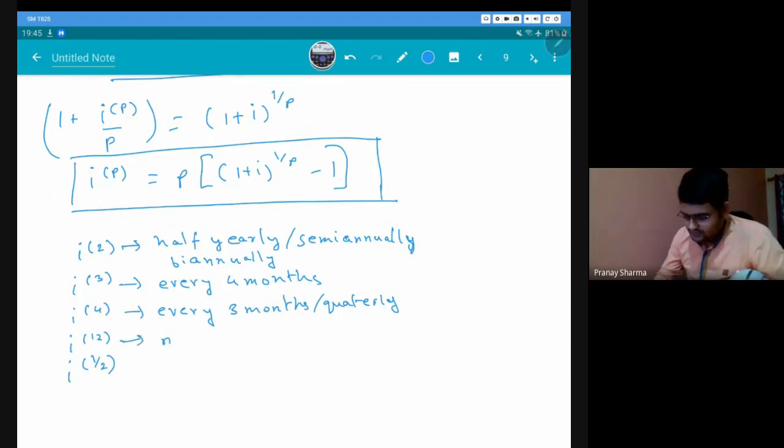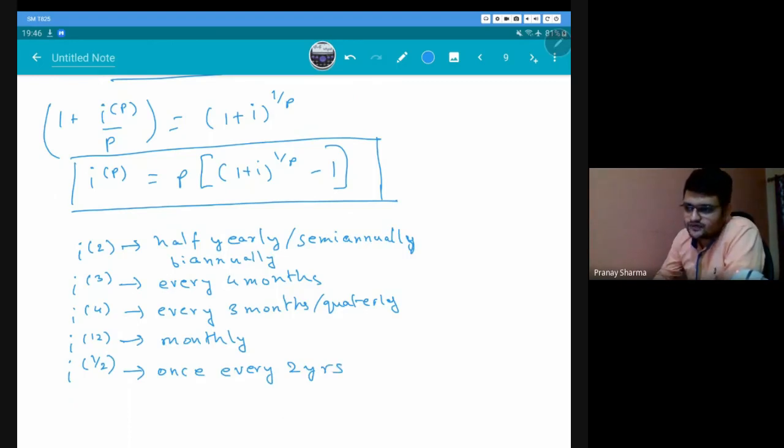I12 will be monthly. I half is once every 2 years. Paying interest once every 2 years, and we call it biannually. Biannually. So you will find this word sometimes in your question, biannually. So you have to remember that.